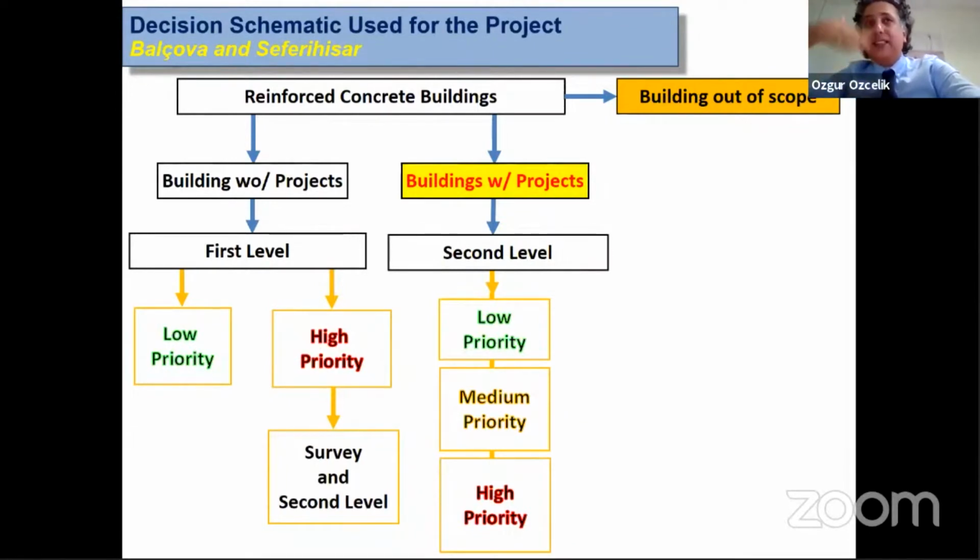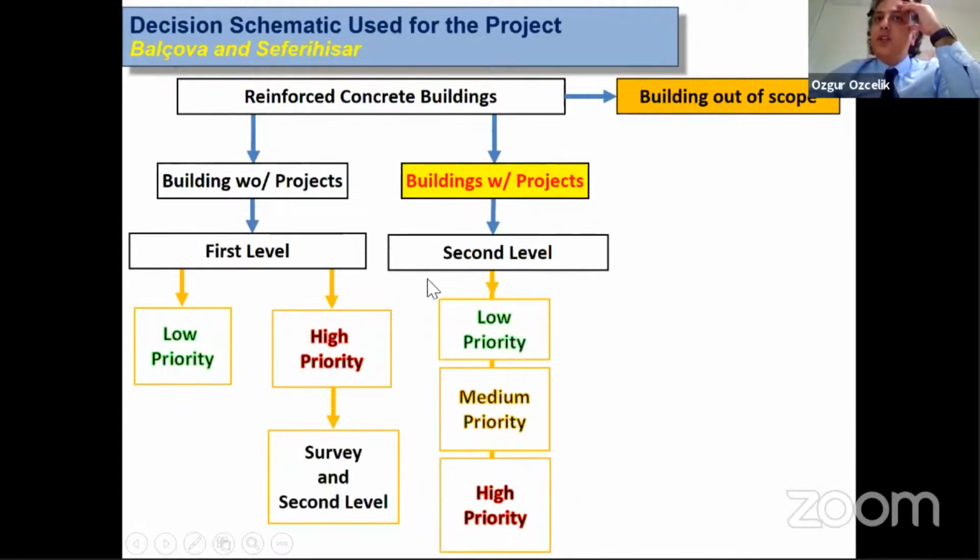For the Balçova and Seferihisar pilot project, we did something a little different from the classic schematic. We only considered reinforced concrete buildings. There were buildings out of scope, so we put those aside. There were buildings without projects; without projects, you can only apply first level methods, which classify low priority and high priority. For the high priority buildings, you can apply a second level method if you have time and budget.